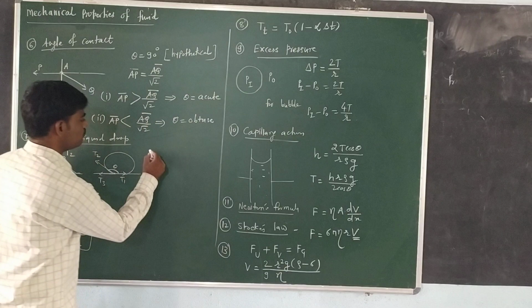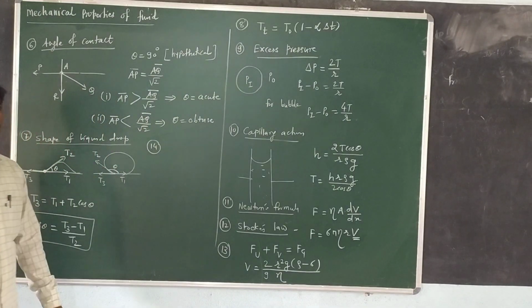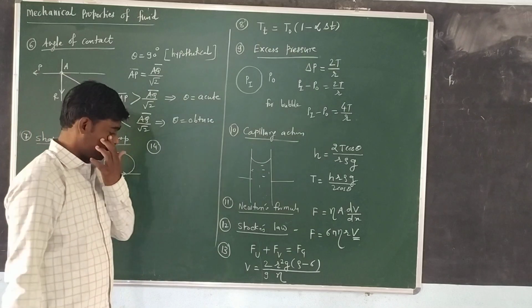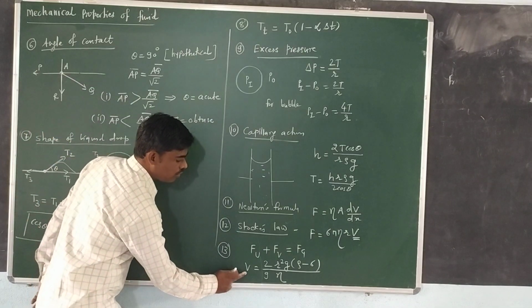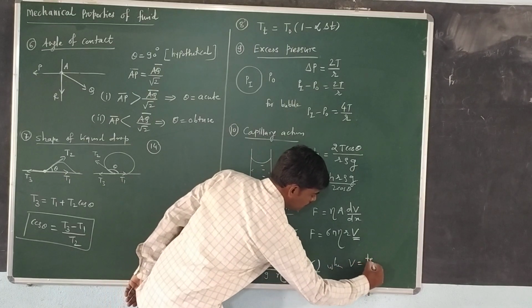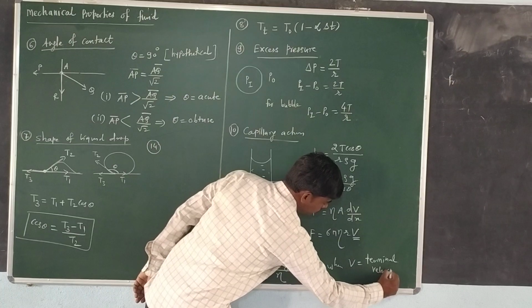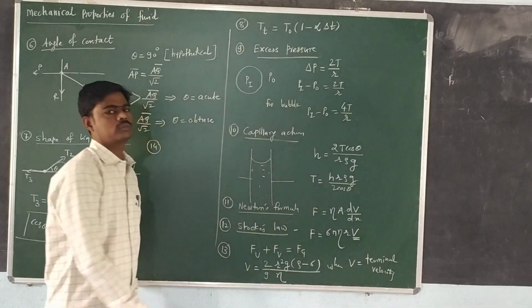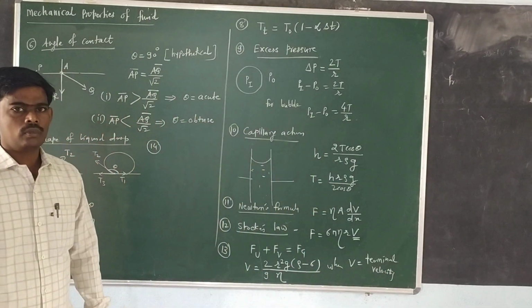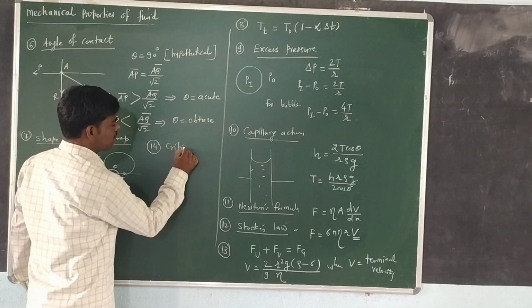Then again one more important formula is here, that is critical velocity. The first one is terminal velocity, and the second one is critical velocity.